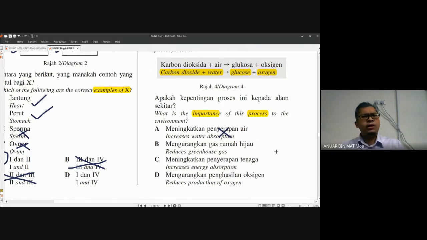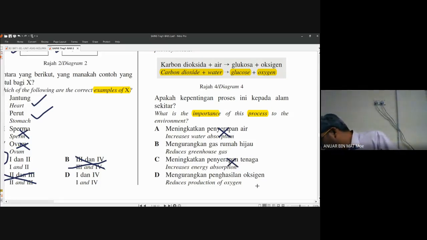How about increased energy absorption? C. Is it true? No. C also is incorrect.